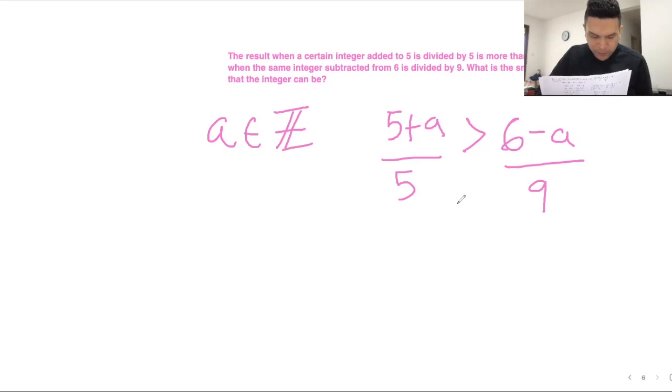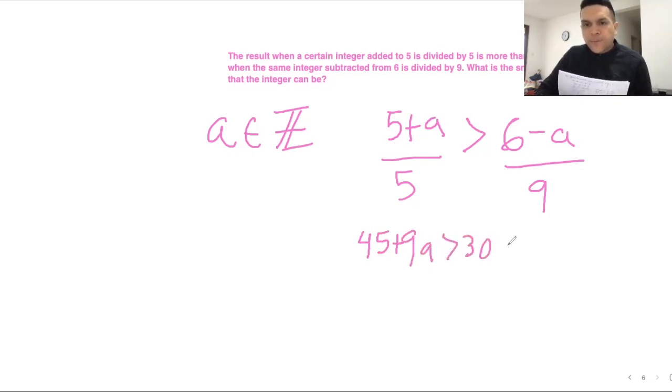If you follow the steps, we'll cross multiply, and then we get 9 times 5 is 45 plus 9 times a, and then we get 6 times 5 is 30 minus 5a. Now we want to isolate our variables, so we can add 5a here and then subtract.